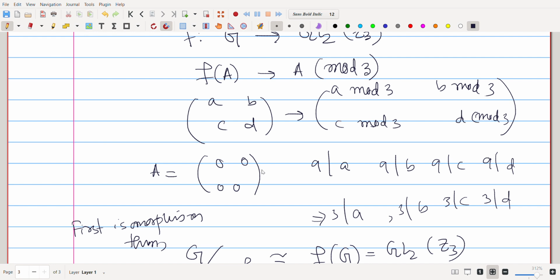So to show it is well defined, what you need to show is that if A equals B, then F of A equals F of B. And that is quite obvious from the definition, because here we are just giving a map from the elements of Z9 to elements of Z3, sending each element to its value mod 3.